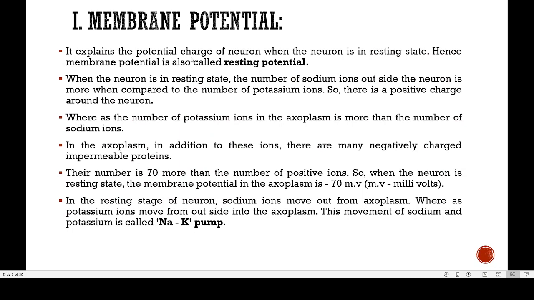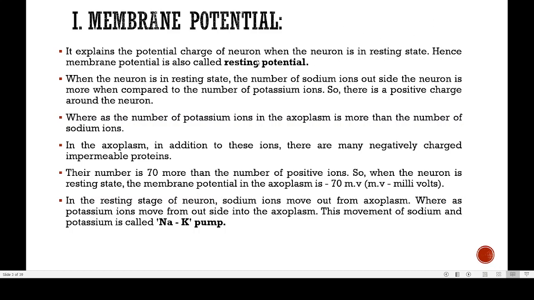This charge is what we call the resting potential. That is, when a neuron is not transmitting any messages or not doing much work, it still has an electrical potential, known as the resting potential.